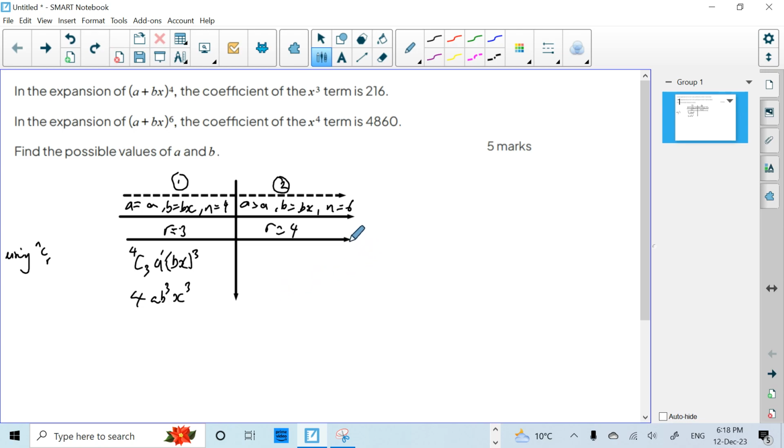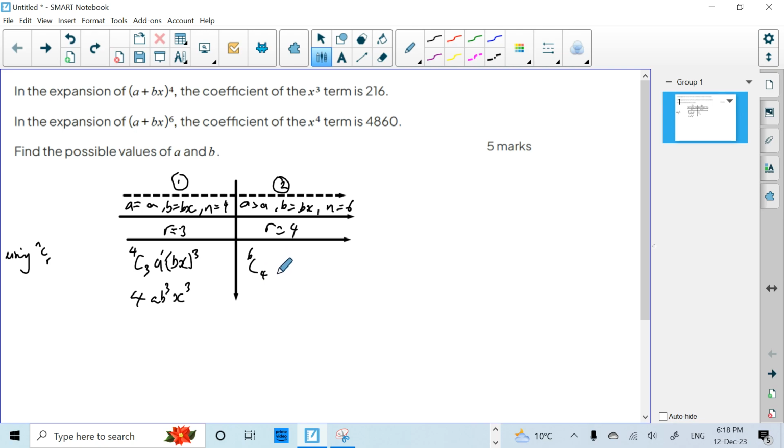And in our second one, again using nCr, I've got 6C4, because n is 6 and we want the fourth term, so r is 4.